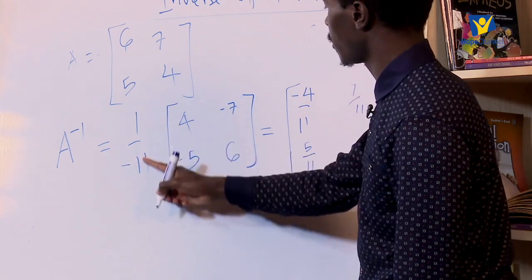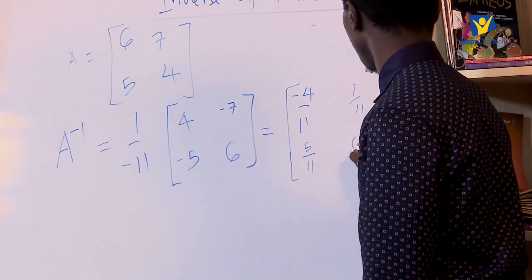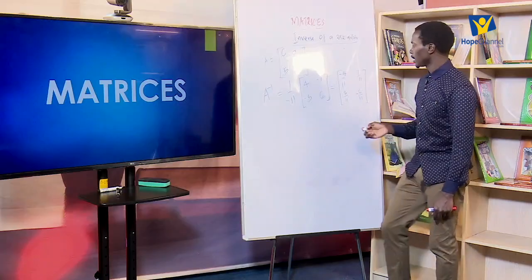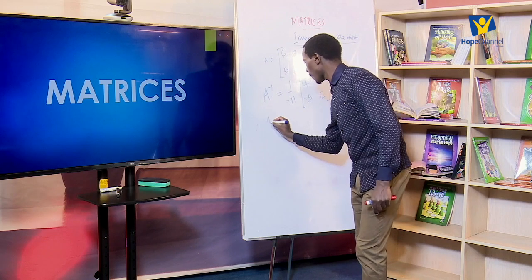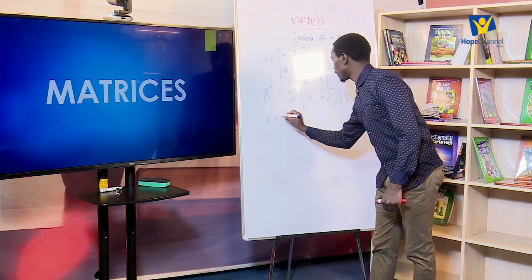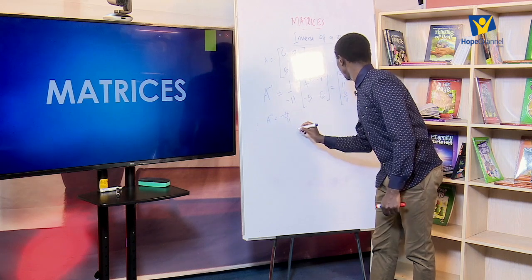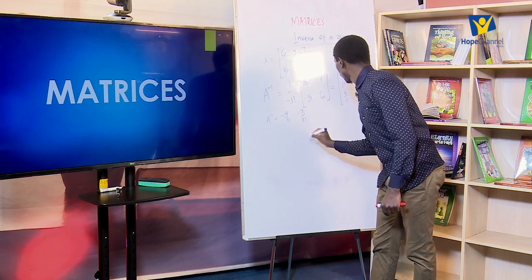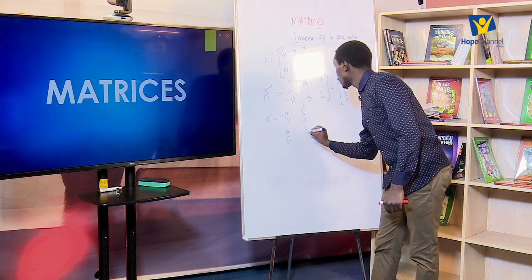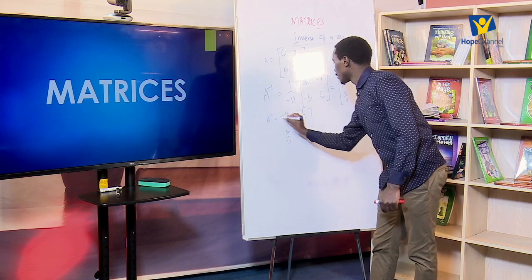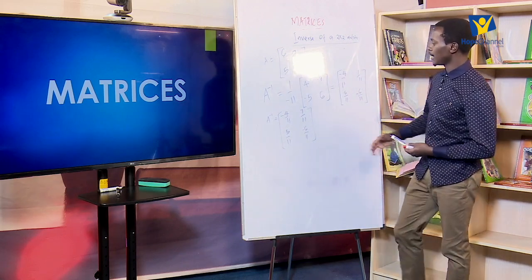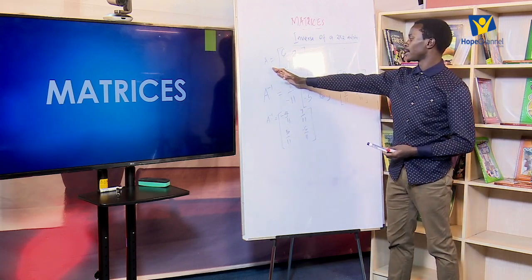And negative 1 over 11 times 6 gives us negative 6 over 11. So the inverse of A is negative 4 over 11, 7 over 11, 5 over 11, and negative 6 over 11. That is what we get as the inverse of A.